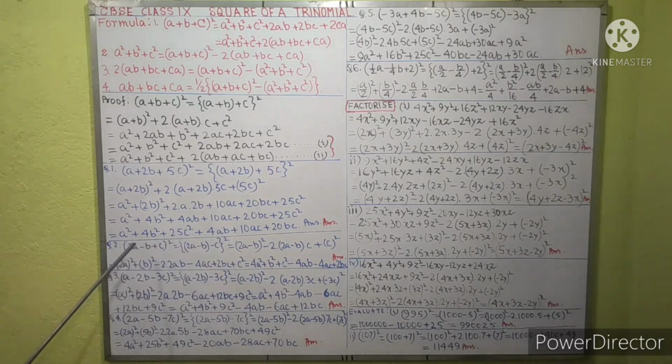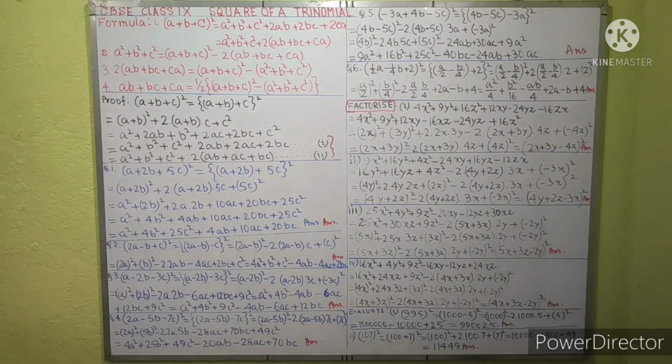Arranging properly, we will get A square plus 4B square plus 25C square plus 4AB plus 10AC plus 20BC. This is the answer.